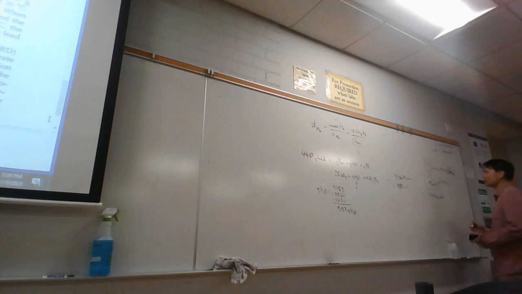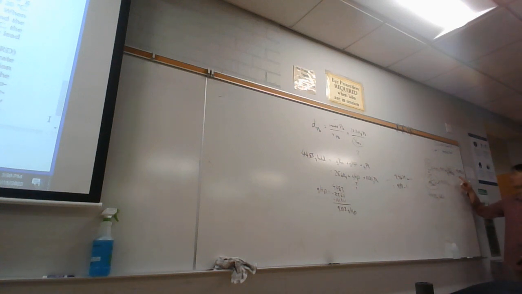This will tell us how many milliliters of water we have. So 9.03 divided by 0.9982, and that gives us 9.0463 milliliters of water.